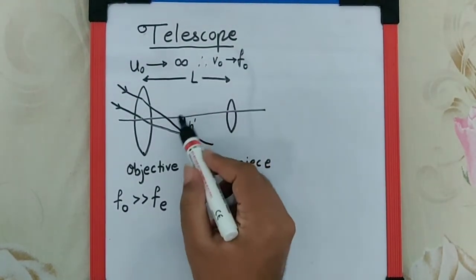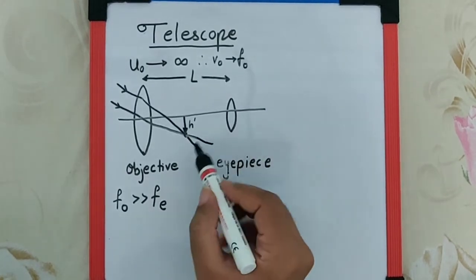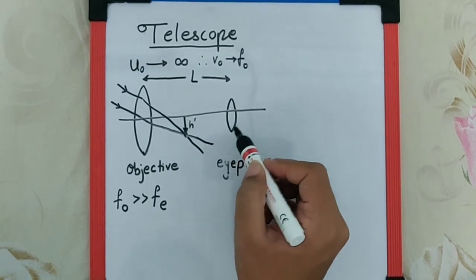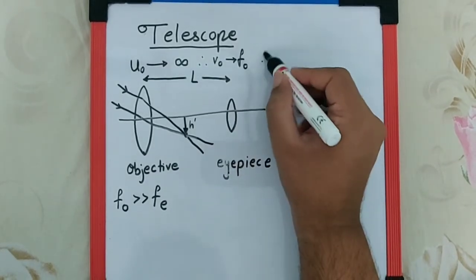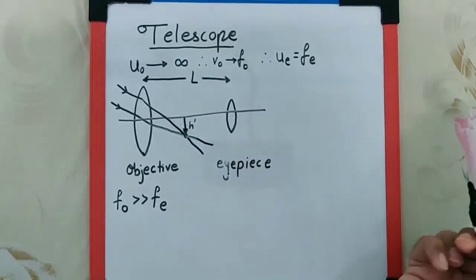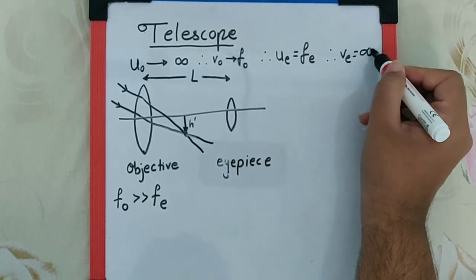Instead we want to concentrate on this image itself, and therefore we arrange the object distance for the eyepiece to be equal to the focal length, which means UE is equal to FE. Therefore definitely the final image will be at infinity.